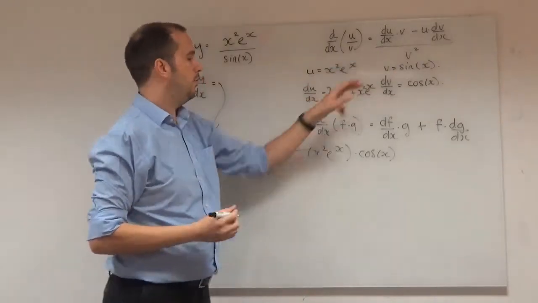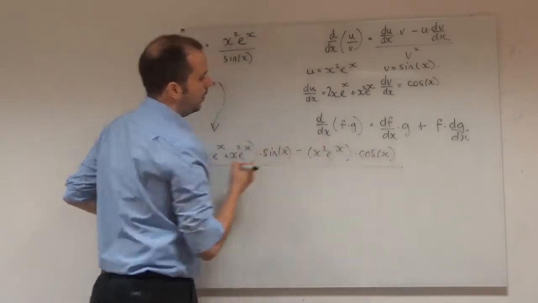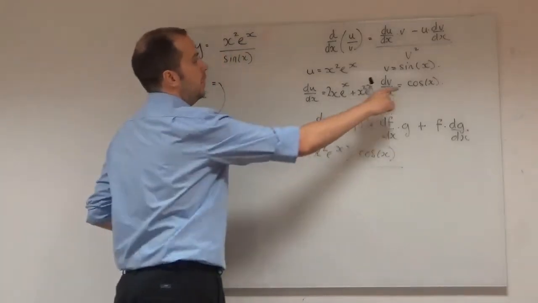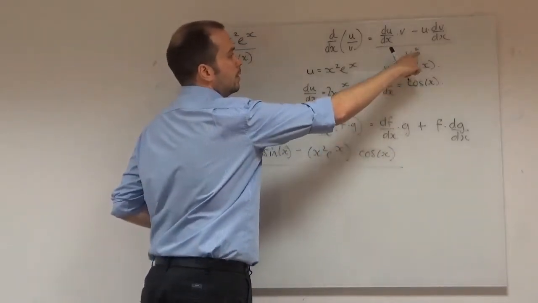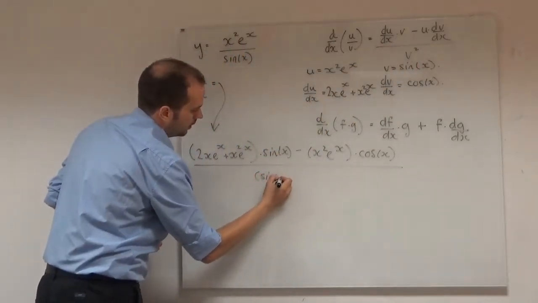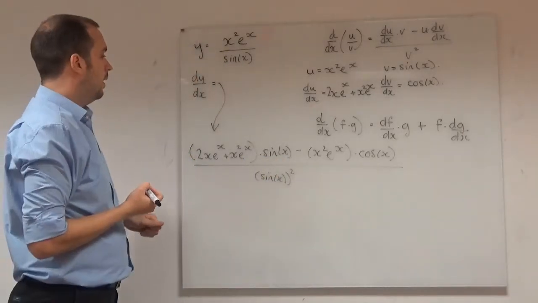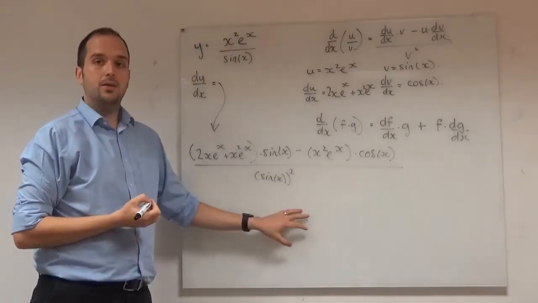And then it's all over v squared. So everything gets divided by sine x all squared. So we'll write that as sine x squared. Now, that is our final answer.